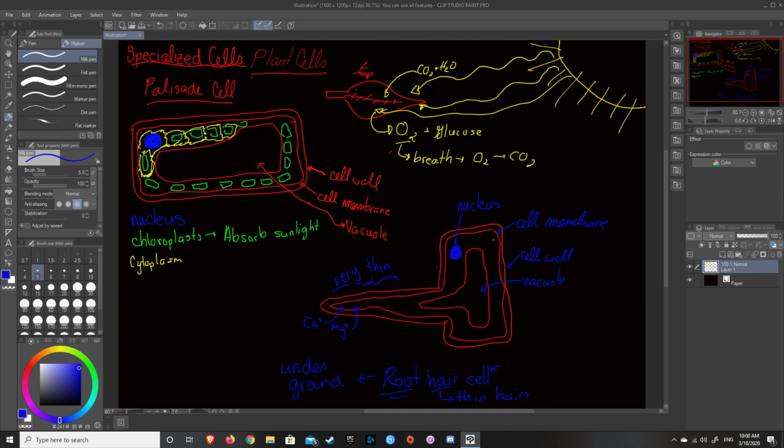And then from here, it goes up the xylem to the top of the plant, where the plant uses it to react. And calcium and magnesium can easily come in because this is very, very thin. The thicker it is, the more energy the plant needs to expel in order to bring it inside. And then the second part, important for photosynthesis, is that H2O can also easily enter the cell.